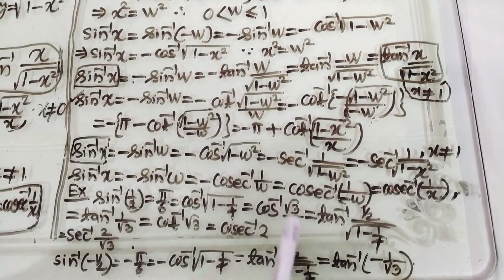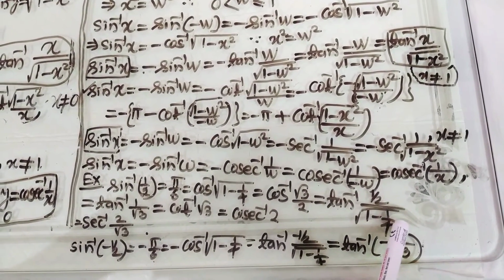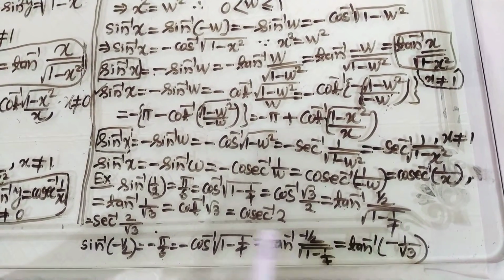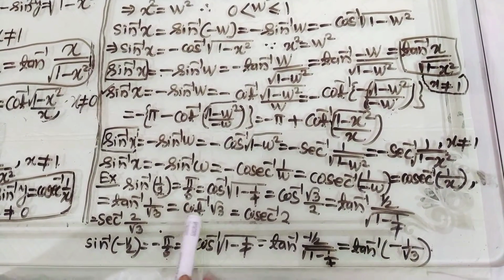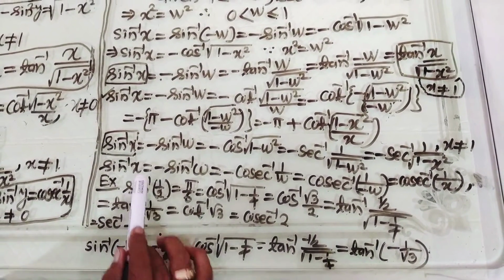If we simplify this, it is equal to tan inverse x by root over of 1 minus x square. X means half, root over of 1 minus 1 by 4, that is tan inverse 1 by root 3, which is equal to cot inverse root 3, which is equal to cosec inverse 2, because sin inverse 1 by 2 is equal to cosec inverse 2.